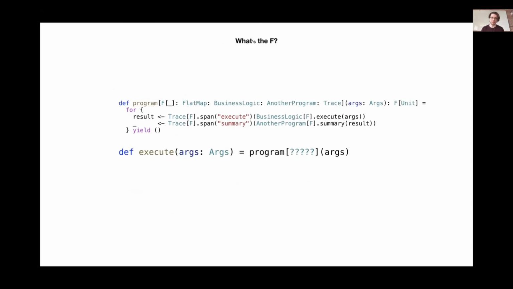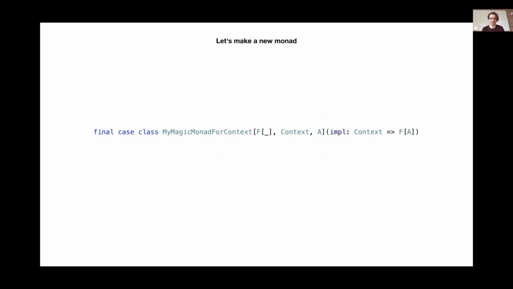Well, for a moment, let's assume there isn't. So let's build our own monad. We'll call it MyMagicMonad for context, and it will be implemented by a function from the context. So it might be a Kamon context, like it's really called Context in Kamon. Or it might be a map of strings to strings, like in MDC. And FA will be just our implementation.